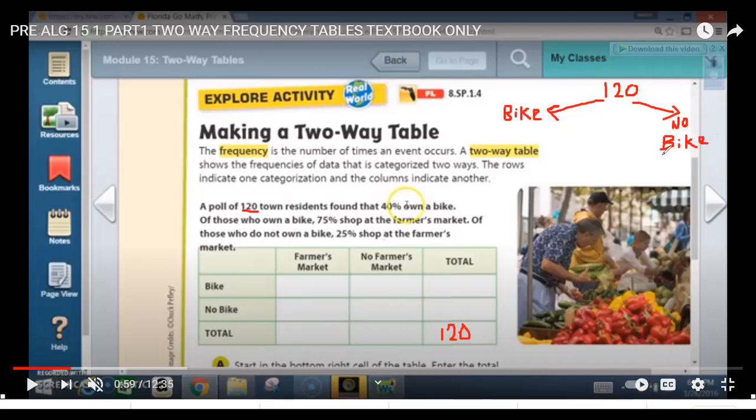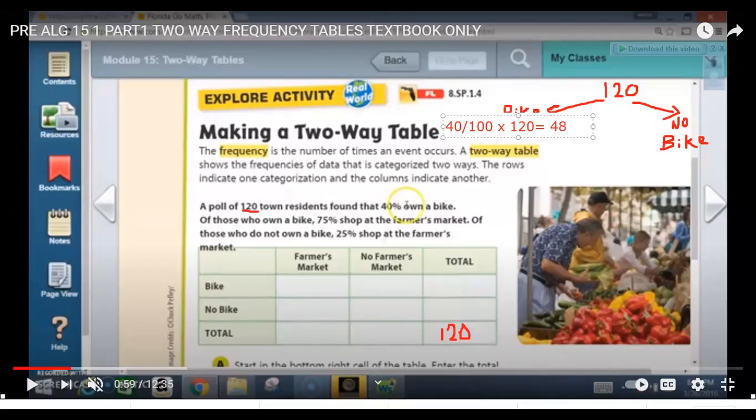Okay. It says that 40% in the town own a bike. Then we will calculate the 40% out of 120. So 40 over 100 multiplied by 120. So how many in this town have a bike?